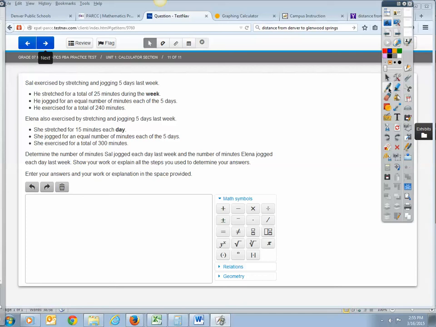All right. So, we know that for Sal, and everything that I write obviously should go in this text box. So we know that he had 240 total minutes of exercise, and he spent 25 of them stretching. That's 5 minutes a day. And so he had a total of 215 minutes jogging. All right, and it says determine the number of minutes he jogged each day last week.